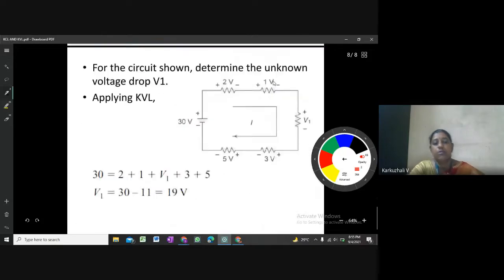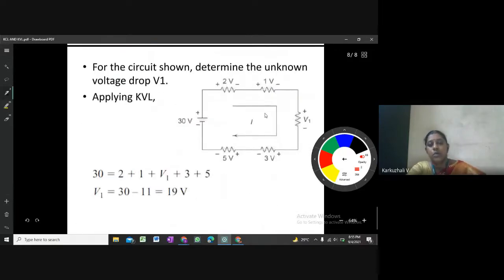So we will take a problem and find out what is the total voltage. The total voltage is given. What is the question given? For the circuit shown, determine the unknown voltage drop V1. So we are going to find out the voltage drop V1. This is the question that is asked.